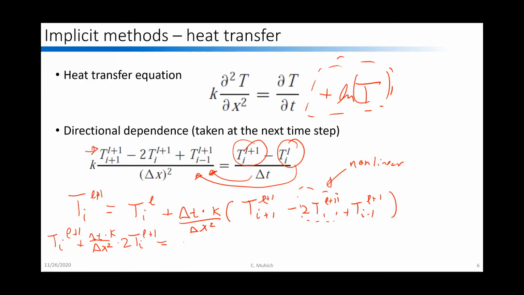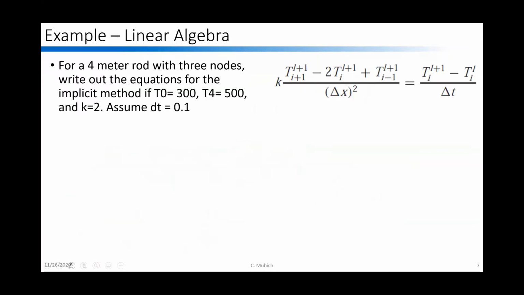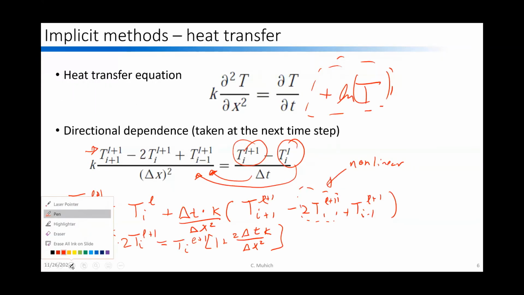And so that equals T_i^(L+1) times (1 plus 2 delta t k over delta x squared) equals all of that. And then I'm going to write the final solution out so that we have it.